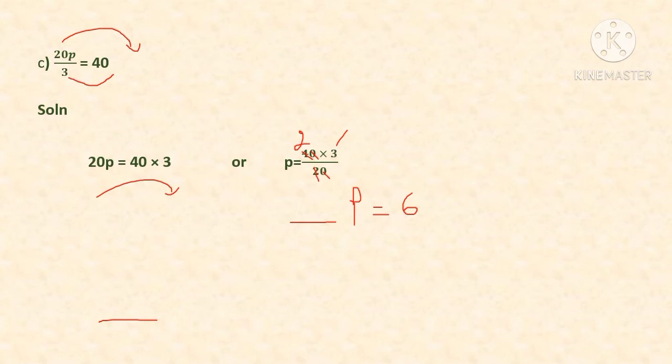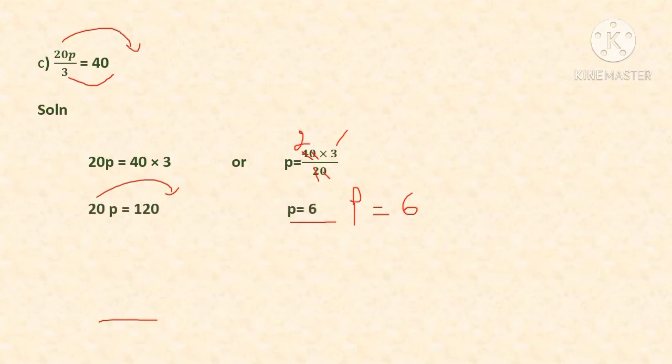Within one step you will be getting the answer. Or else you want to do like this. 20p is equal to 40. Bring this 3. When you bring this denominator part to the right hand side, it comes in the numerator, right? So 20 into 3.